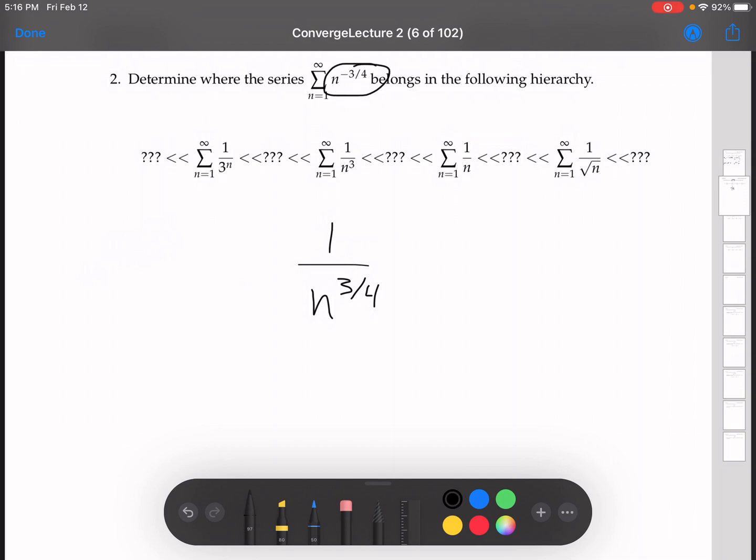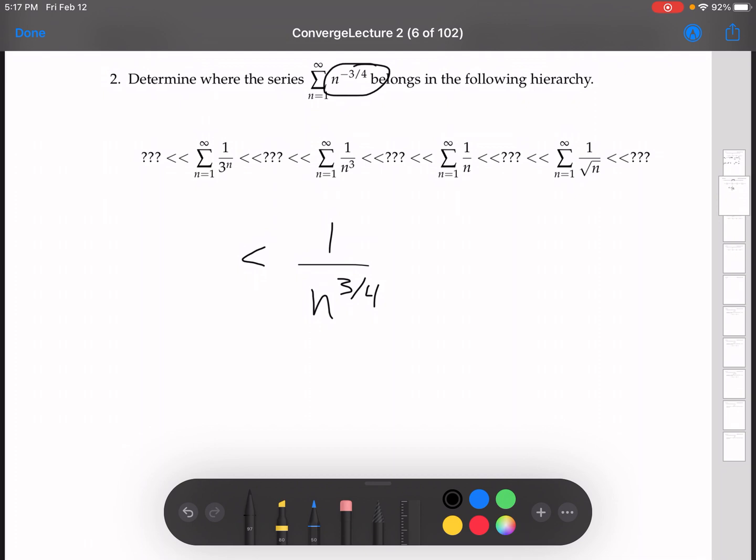And now we think about this. So n to the 3/4 is less than 3, right? So that means that 1 over n cubed is dividing by more, right?